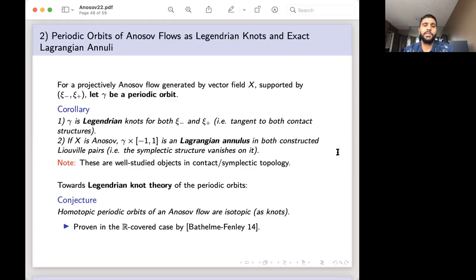This is in some sense a simplifying condition on the universal cover, but as you know, we only have a unique tight contact structure on R3, one unique positive contact structure and one unique negative one. So it's not very surprising that we don't need this simplifying condition in the universal cover if we attack this conjecture from the viewpoint of contact and symplectic topology.